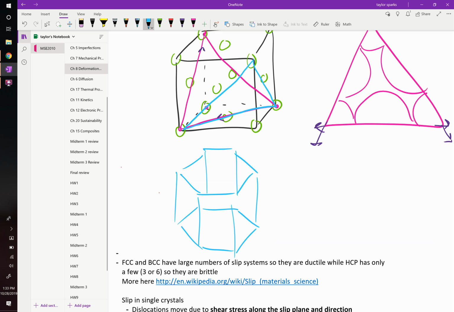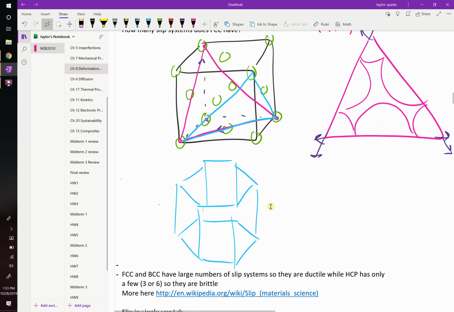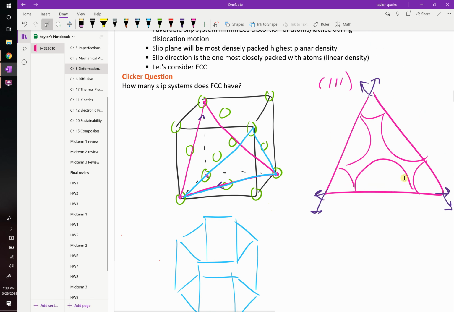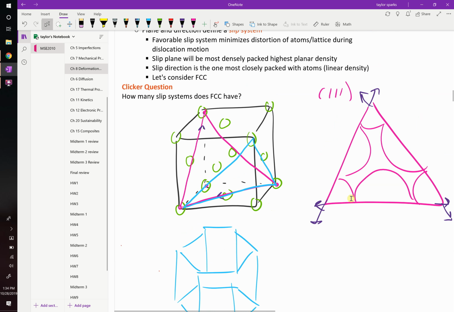Nothing? Yeah, question, Abby? Are slip systems always going to be present in planes that are most densely packed? Yeah, by definition, the way that we define it, a slip system is the highest planar density plane in the highest linear density direction. If we take the edge length of this, each edge is root 2 times a, and we intersect 2 atoms for every root 2a: half of one and another half, so there are 2 atom centers that we intersect.